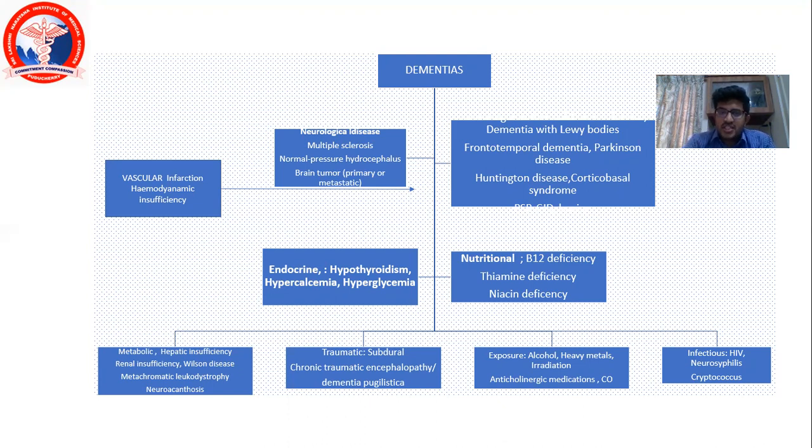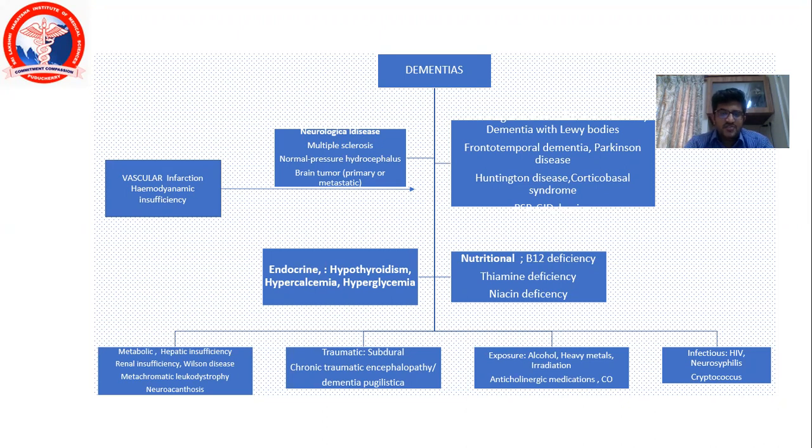Under neurological causes, there are multiple sclerosis, NPH, brain tumor, primary or metastatic. And vascular, any infarction to the brain or any hemodynamic insufficiencies can also cause it. As we all know, hypothyroidism, hypercalcemia, hyperglycemia can all lead to dementias.